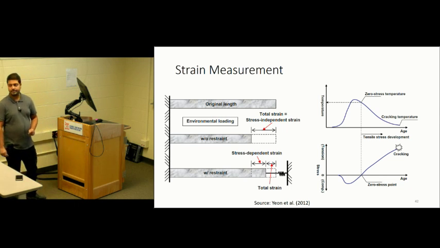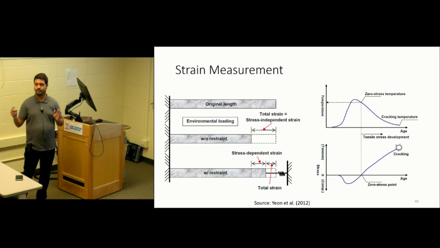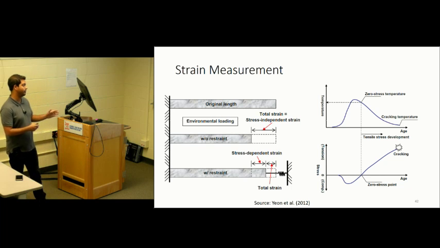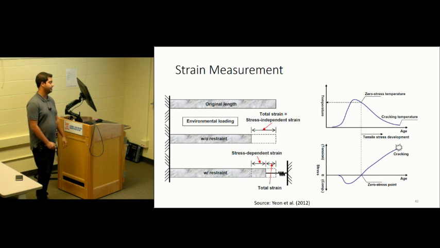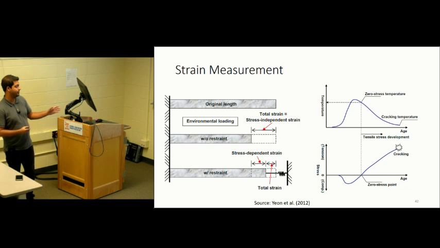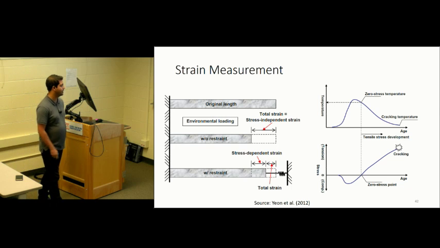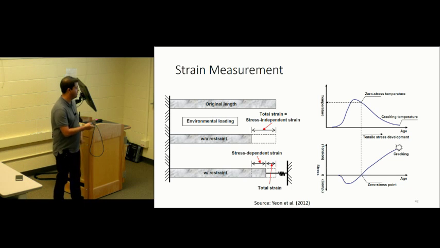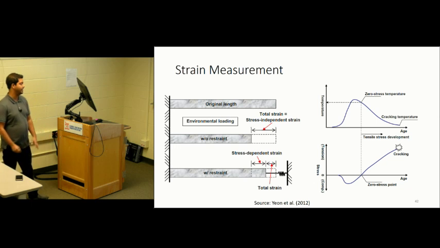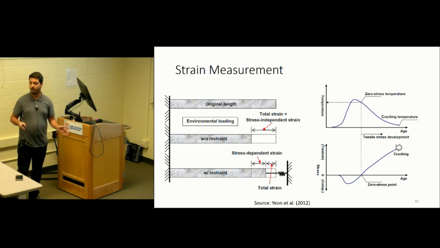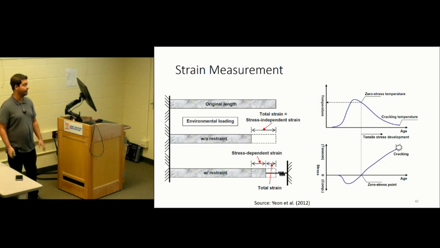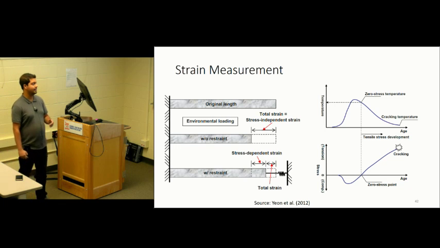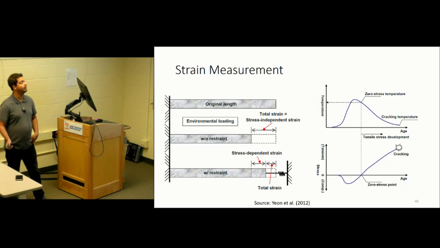But if we provide some restraint to it, it cannot shrink as much as it wants to. So the restrainment provides some friction, and we have a residual strain there, which is less than the strain that we would have got if it was not restrained. So that is the zero stress temperature, as I mentioned early on.